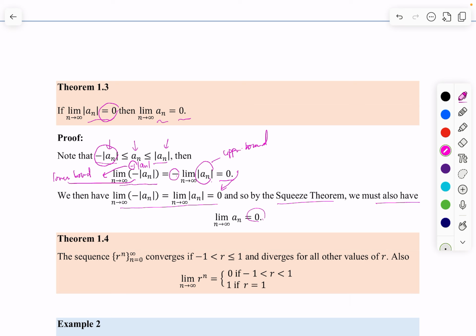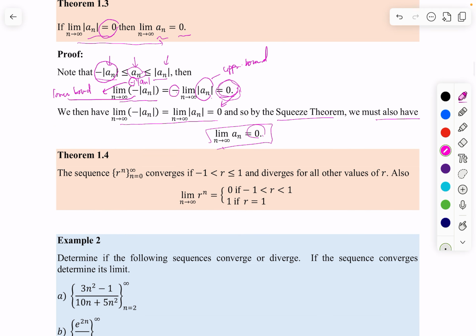Based on the squeeze theorem, when the limit of the upper and lower bound is the same, then we can say that what is in between, that is a_n, should also have the same value for the limit. That's why this theorem gives its statement this way.